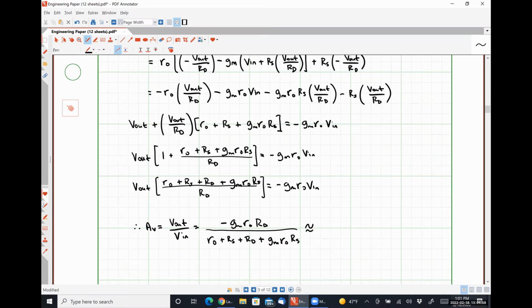This can be approximated as negative GM R naught RD divided by R naught times 1 plus GM RS, where effectively we're saying this term is much greater than individually RS and RD.